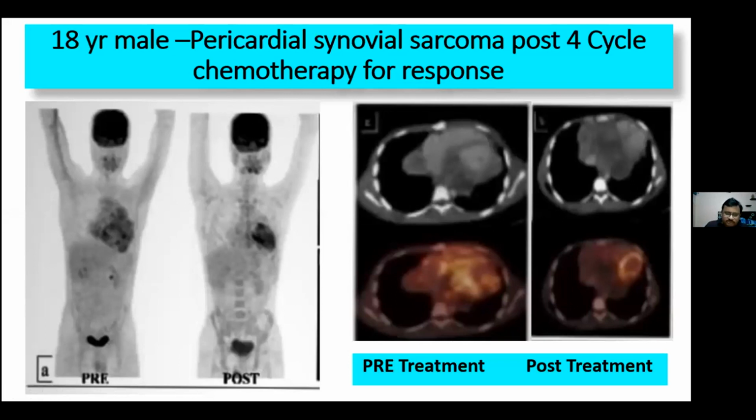So basically, since it is metabolically active, it will have this uptake. But what you see here is the tumor actually. You see the huge tumor here, and this is only the normal left ventricular uptake. So this is a very good response, and this was deemed a PMR, partial response, at 4 cycles of chemotherapy.